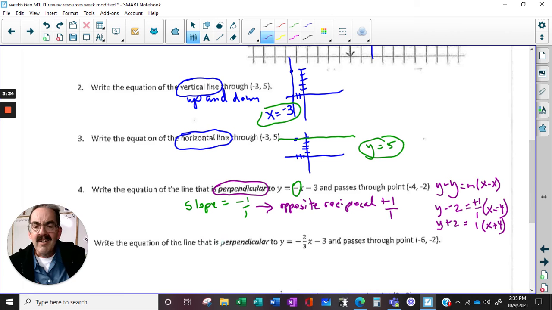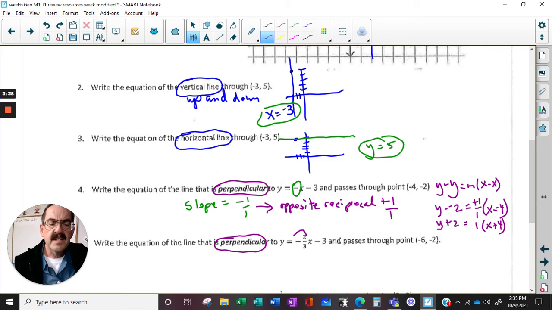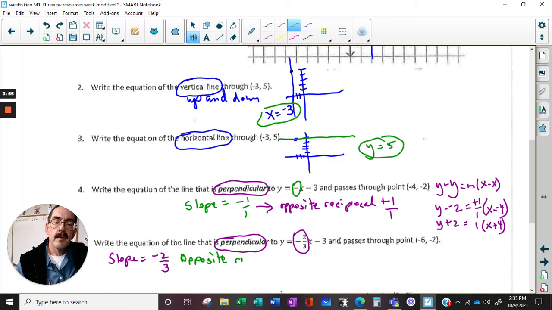Alright, write the equation that's perpendicular to this line. Okay, so the slope is -2/3. Opposite reciprocal, +3/2.